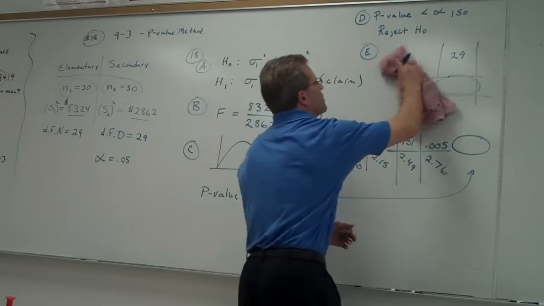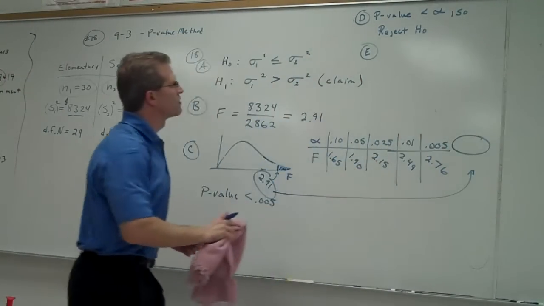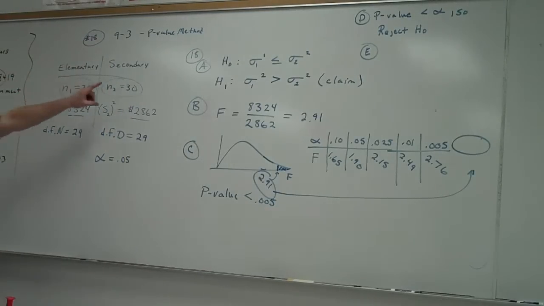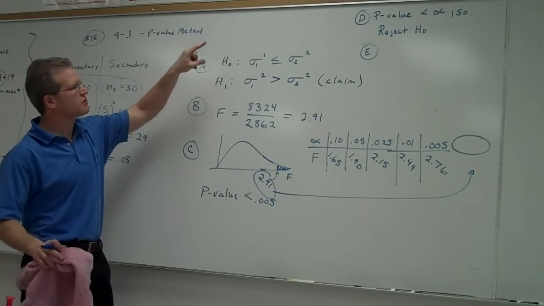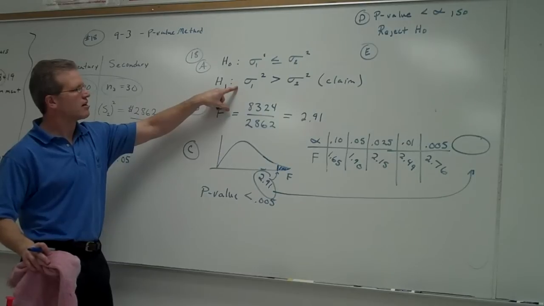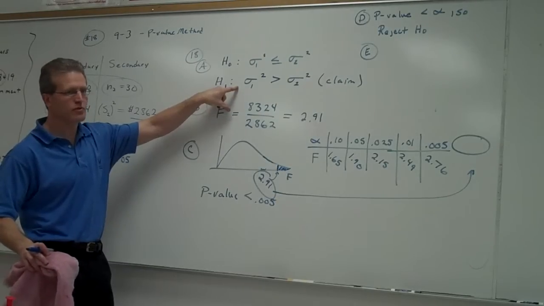Erase this chart. So now, if I'm rejecting the null, that means we think it's false, which means we think the alternative hypothesis is true.